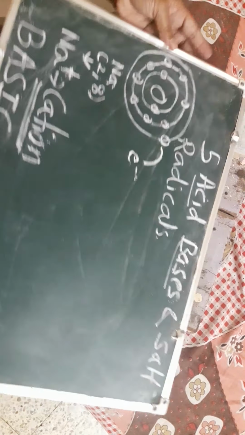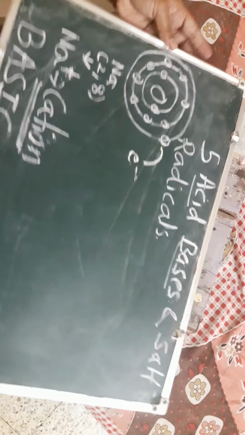So this is an atom of oxygen. It has 2 orbits. First orbit 2, second orbit 6 electrons. So here it has the configuration 2,6. As oxygen is a non-metal, it has a tendency to gain electrons.